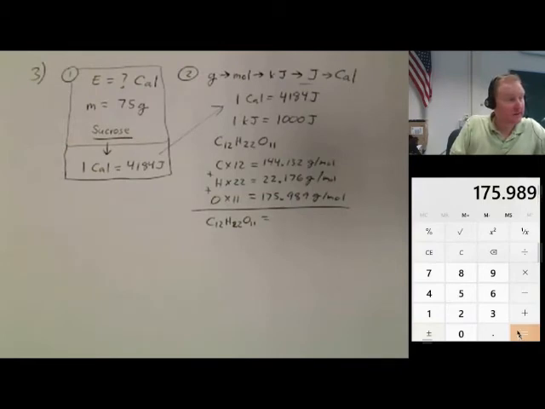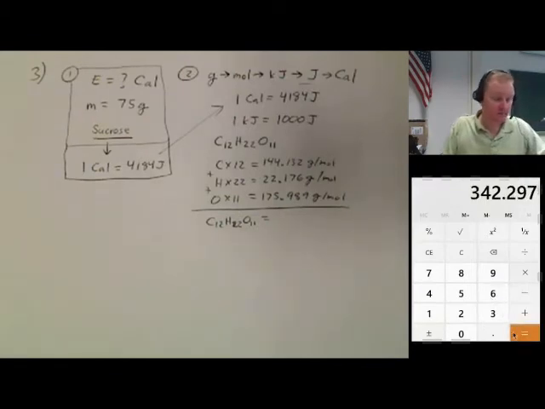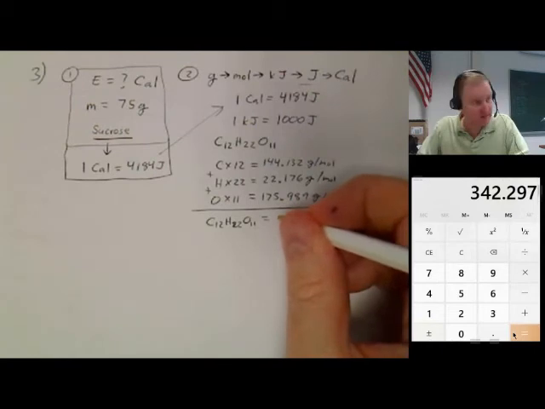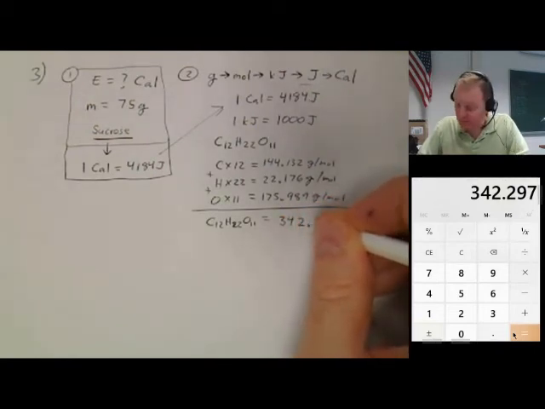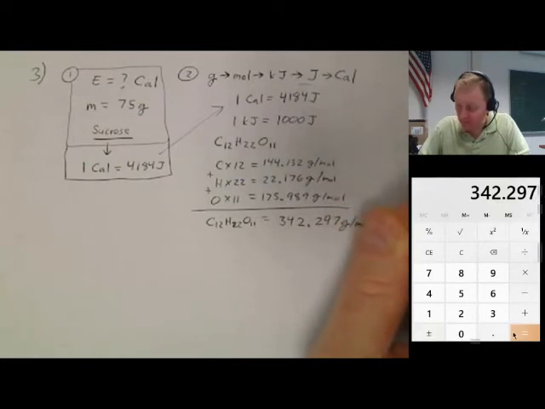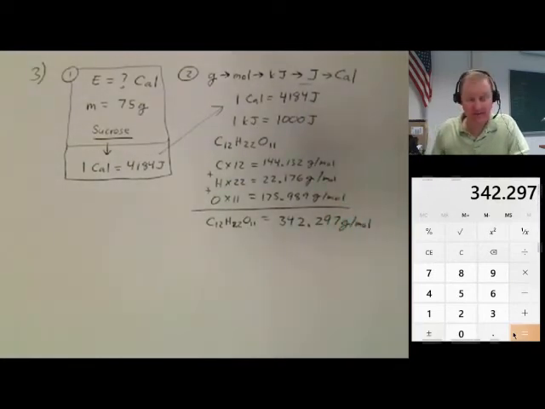So I'm going to take that and add that number to the 144.222, and we'll add another 22.176. So I've got the molar mass of this to be 342.297 grams per mole. That's the molar mass here.